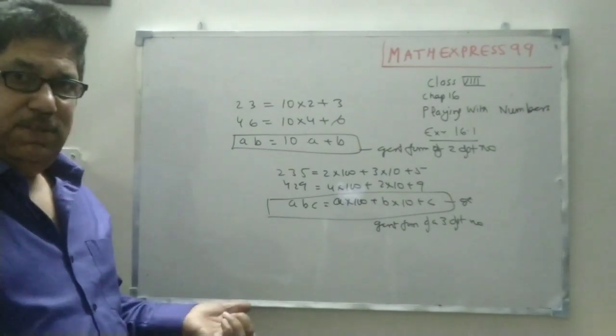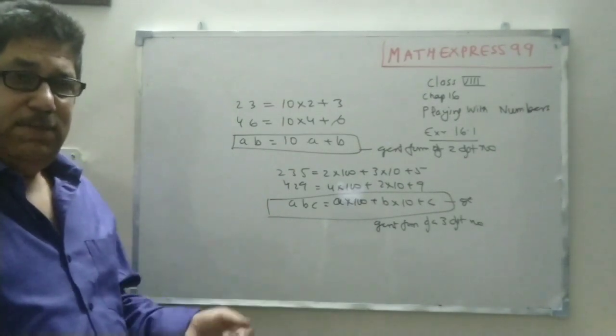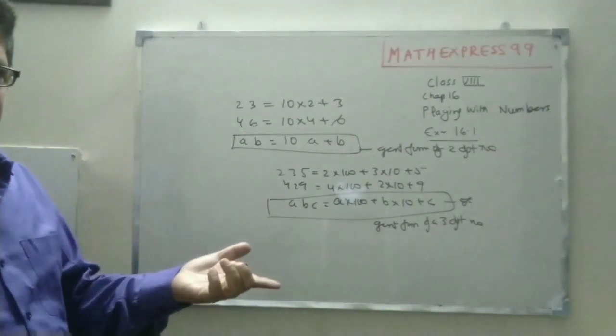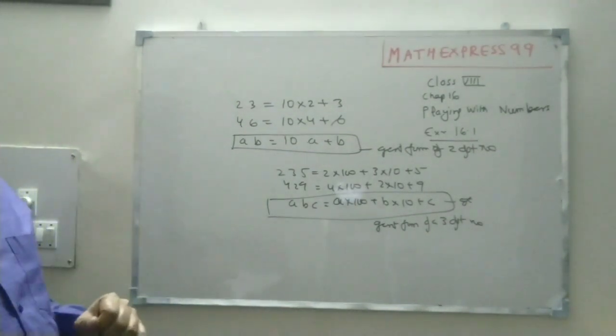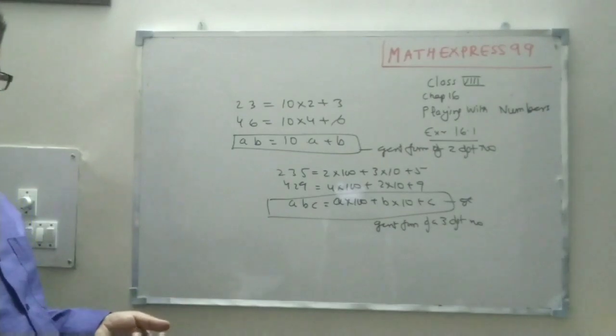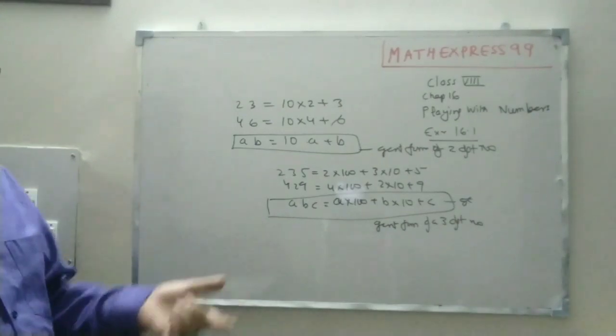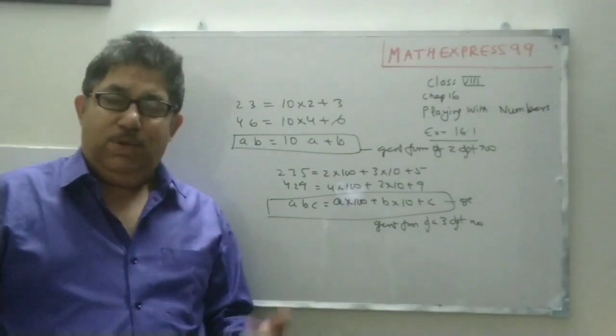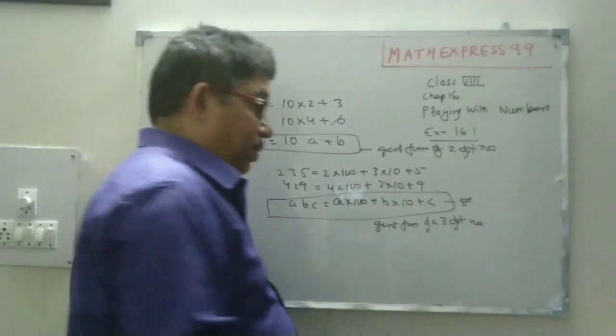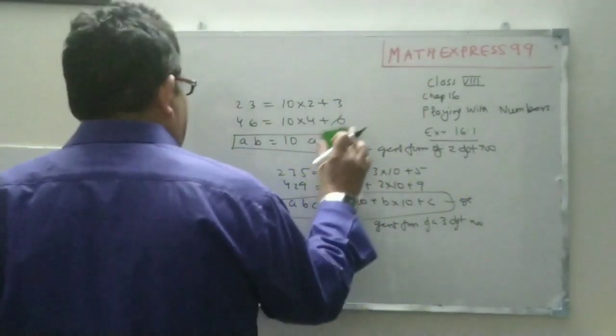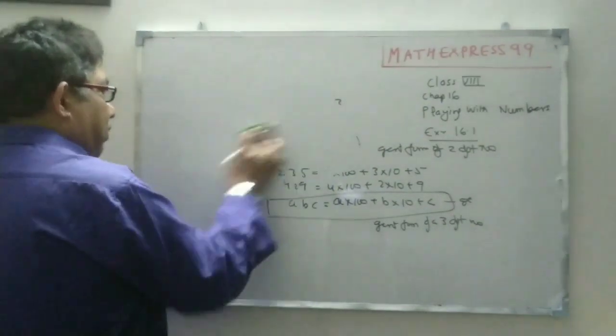Same way we can have a general form of a four-digit number, five-digit number, and so on. We can continue till wherever we feel like. So this is the starting point, before I play any number games with you. Now, what kind of things are we going to talk about? Let's see.